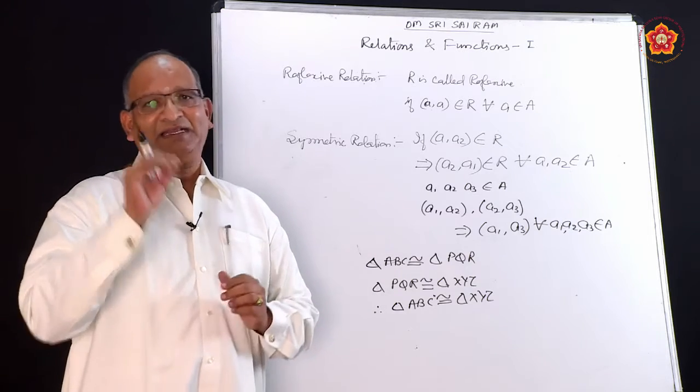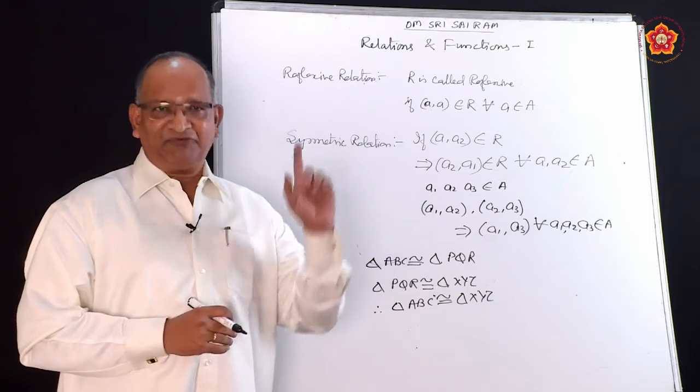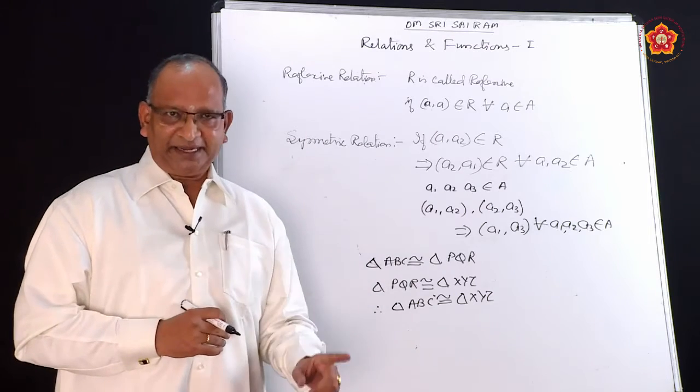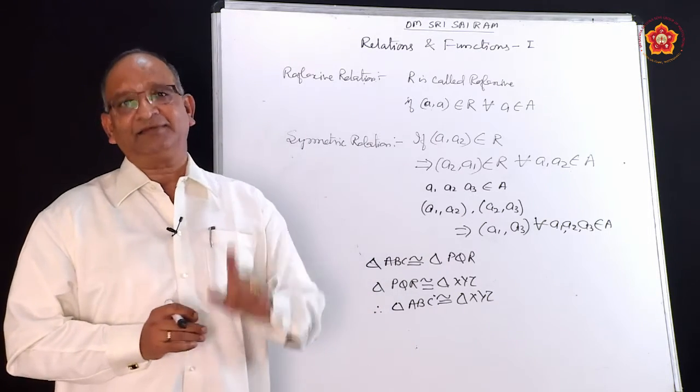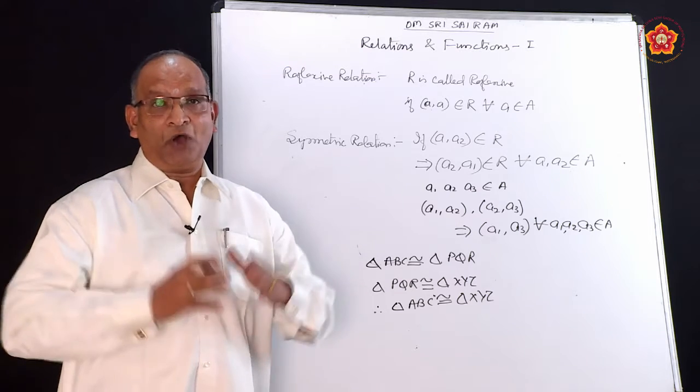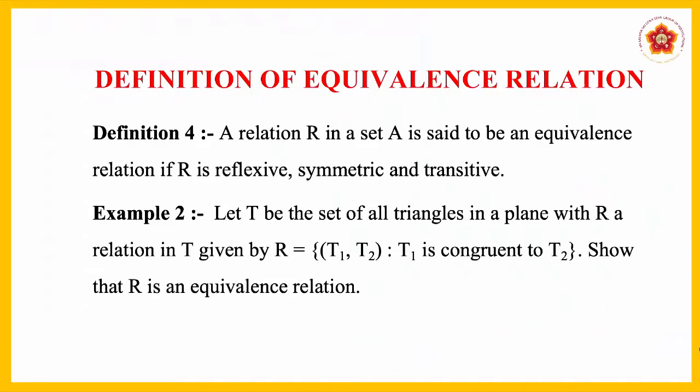But for a given relation, if R is reflexive, symmetric as well as transitive, if all the three things happen, we come to the next definition, which says the relation is called an equivalence relation. So, what is an equivalence relation? A relation R in set A is said to be an equivalence relation if R is reflexive, symmetric and transitive.